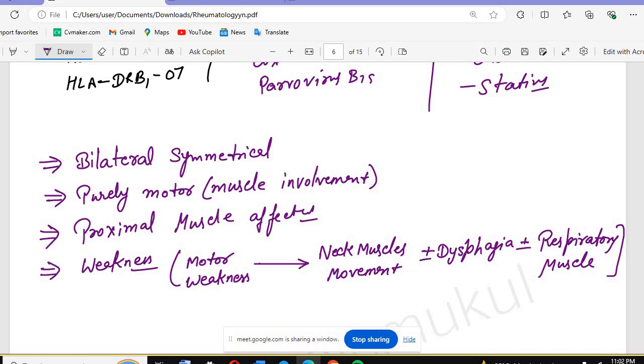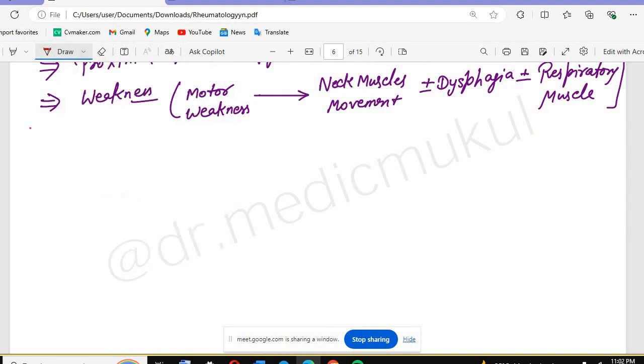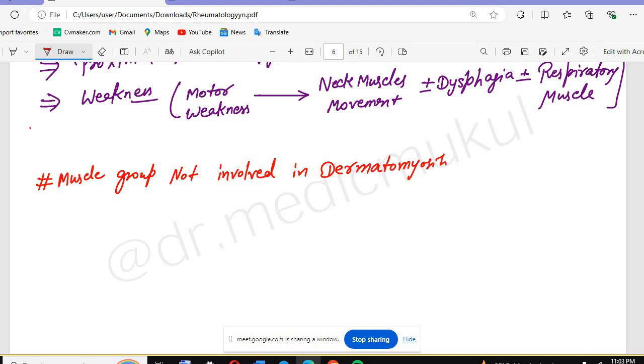Remember, there is one important point here: which muscle groups are not involved in dermatomyositis, or in inflammatory muscle disease (IMD) also? That is the extraocular muscles and the facial muscles.